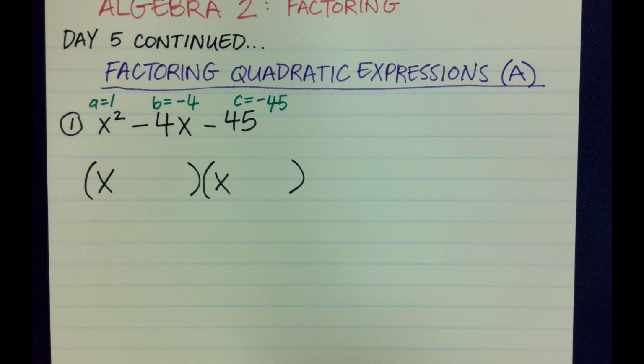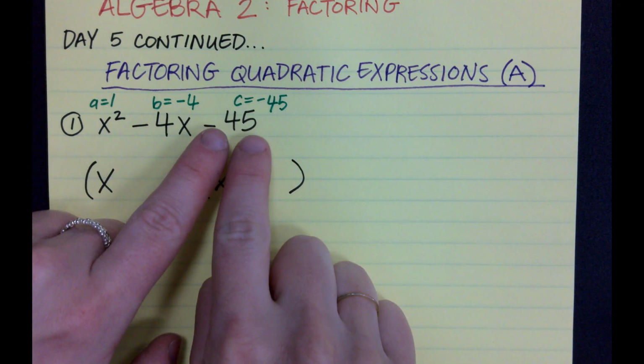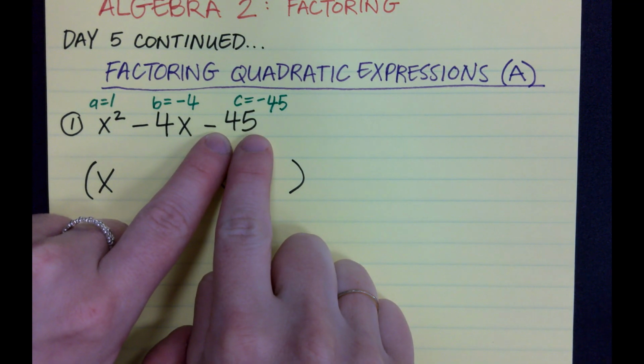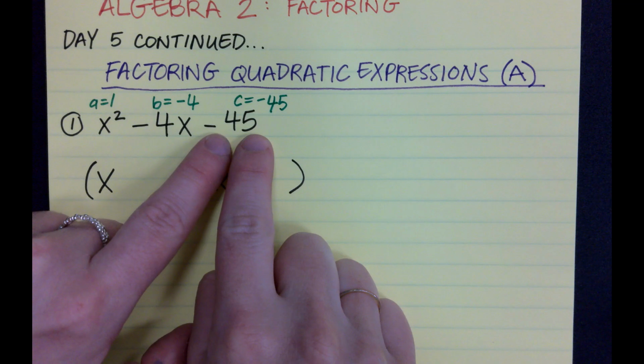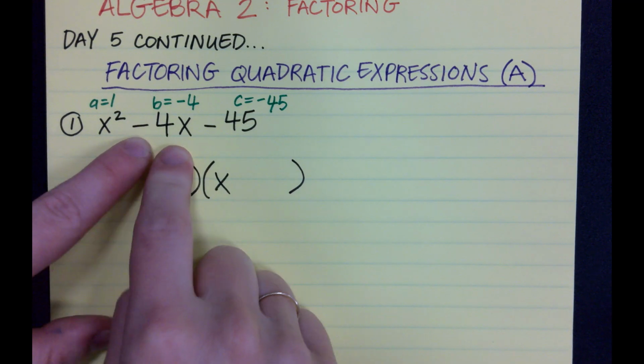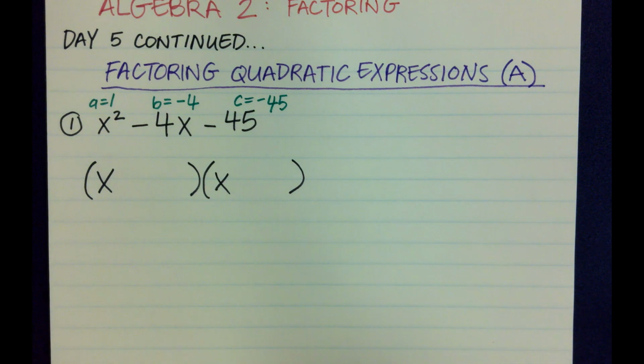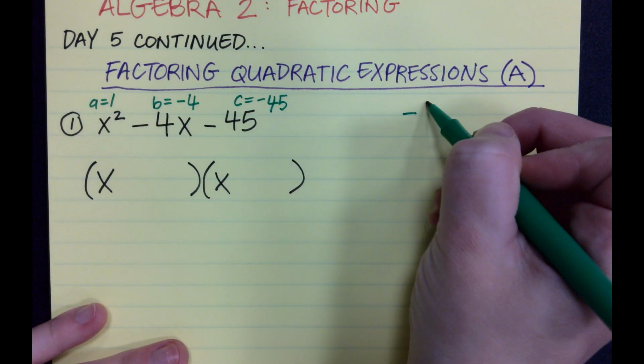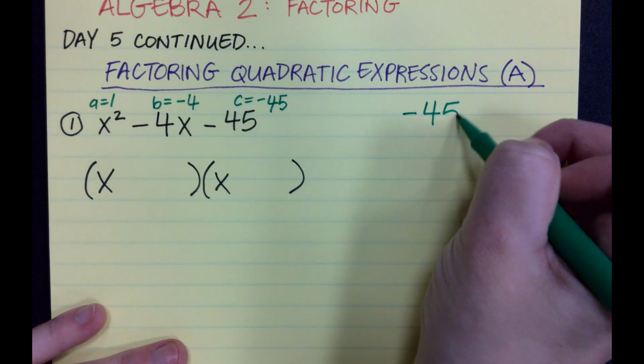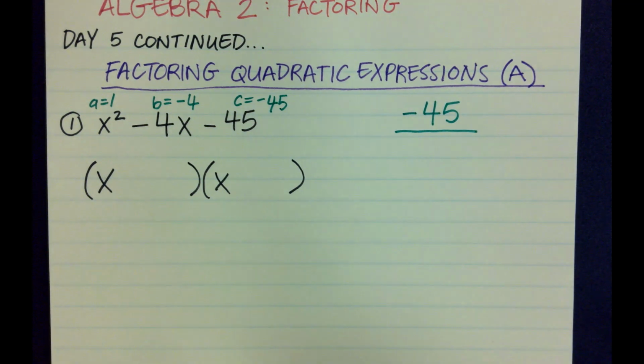Step 2 is we're going to be finding numbers that multiply to negative 45 and that add to negative 4. Let's just worry about the multiplication part first. I'm going to write negative 45.